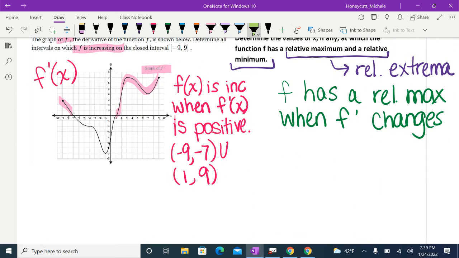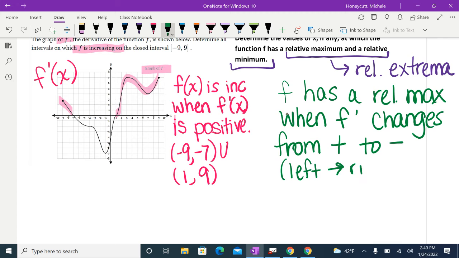So f has a relative max when f prime changes from positive to negative. And also don't forget, you have to read your graph from left to right.